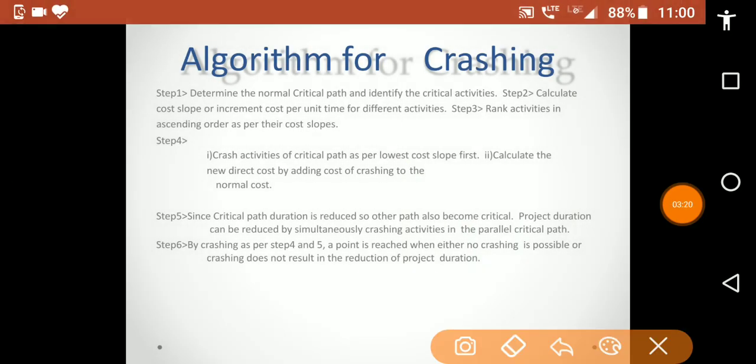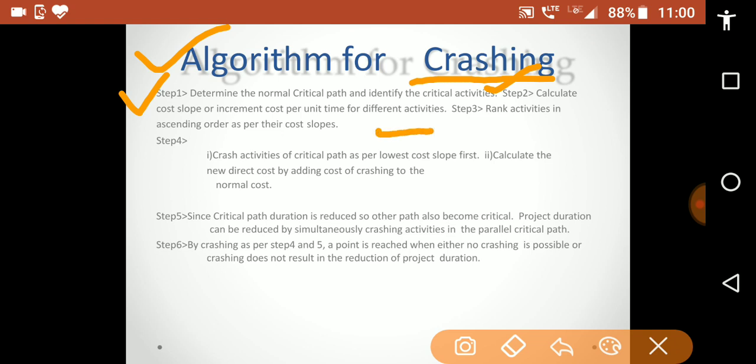So let us see the algorithm for crashing. Step 1, determine the normal critical path and identify the critical activities. Step 2, calculate the cost slope or increment cost per unit time for different activities.